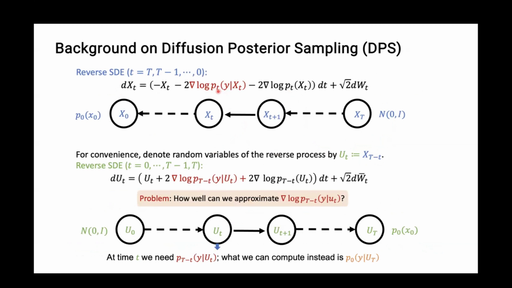So the summary is that I have my noisy image at some point. I need to figure out how to move forward. Well, I'll take the noisy image, estimate a clean image, look at what the measurements would have been associated with it, make the error, and use that to guide my diffusion.